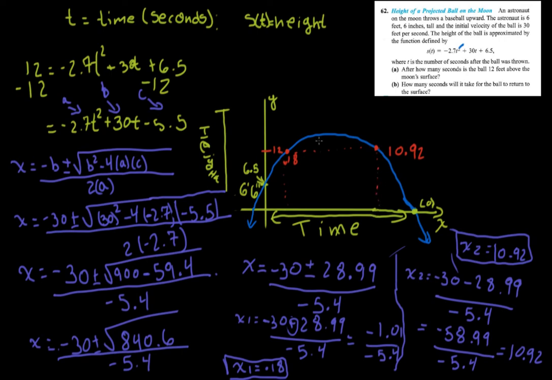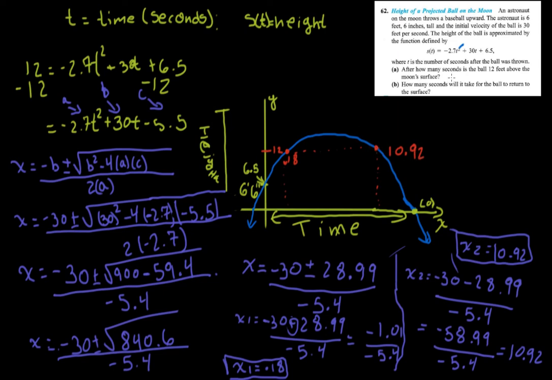So we will have the ball at two different times at 12 feet, because when it goes up, it's going to reach 12 feet at 0.18 seconds, and then when the ball is going down to the moon surface, it's going to be at 12 feet at 10.92 seconds.